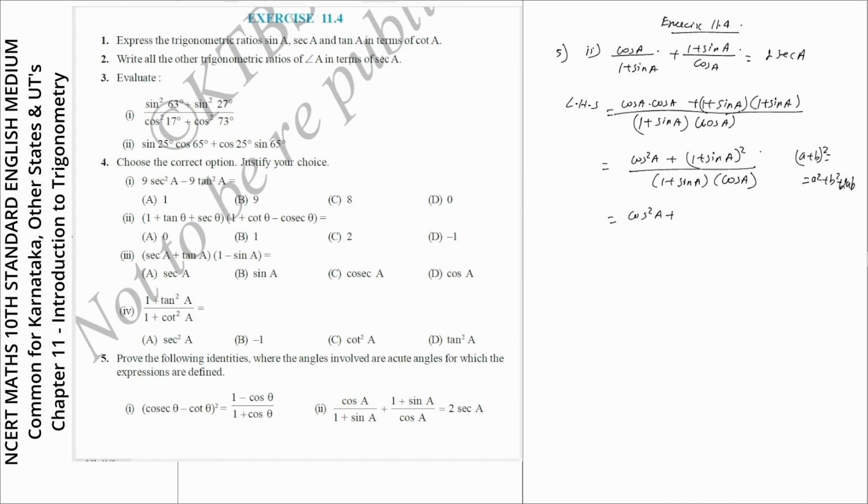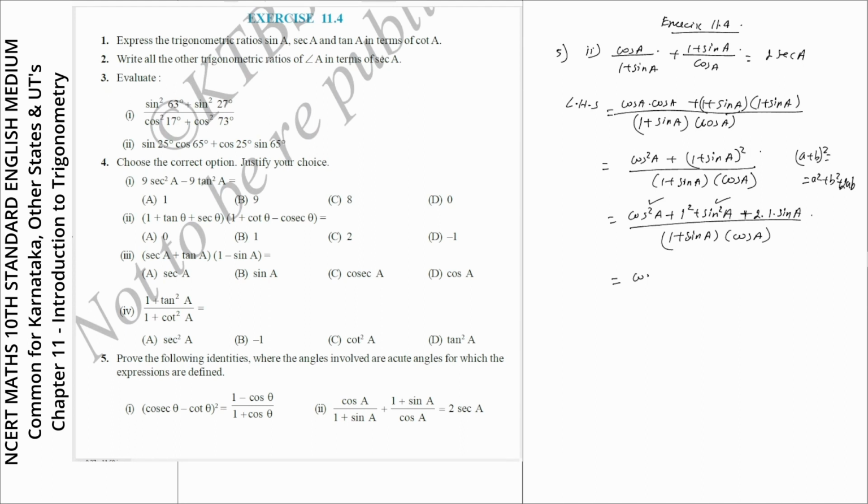So I'll expand this one. 1 plus sin a the whole square is 1 square plus sin square a plus 2 into 1 into sin a, the whole divided by 1 plus sin a into cos a. So now this is equal to, now you can see cos square a plus sin square a is 1.